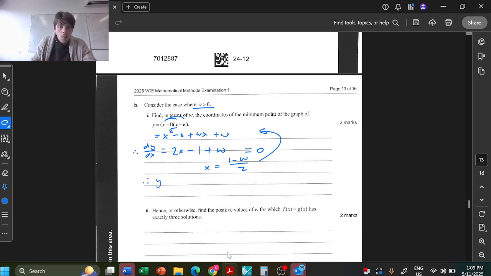So therefore, we get y is equal to 1 minus w over 2. Now, if we're minusing 1 from that, that's the same as going 2 over 2 from that, multiplied by 1 minus w over 2 minus w, which is the same as 2w over 2.